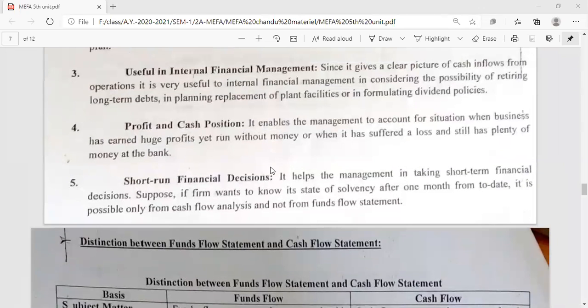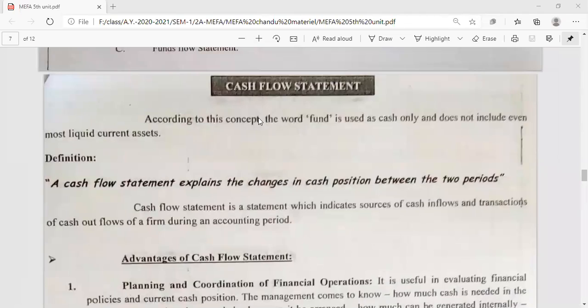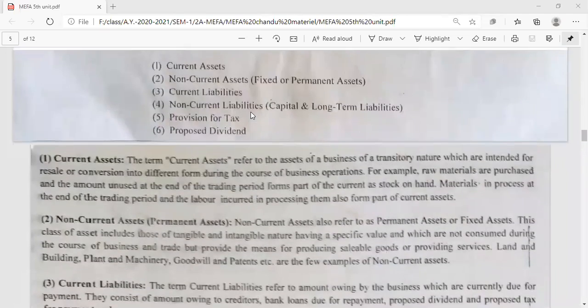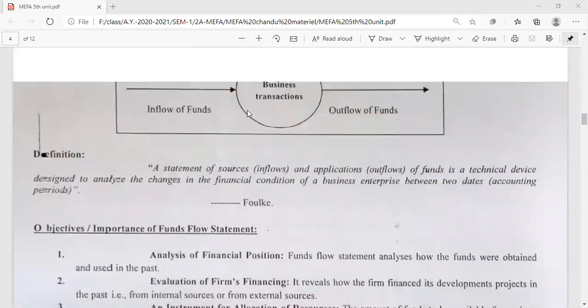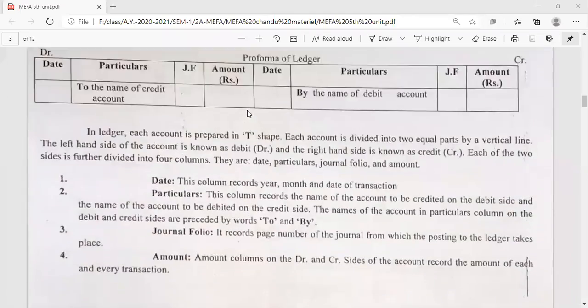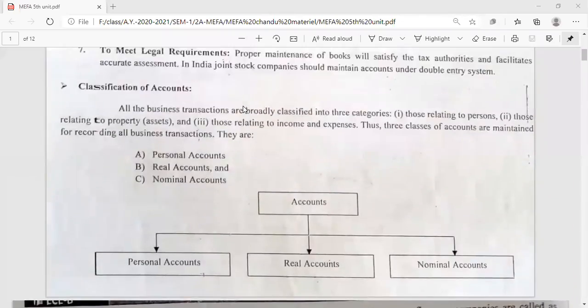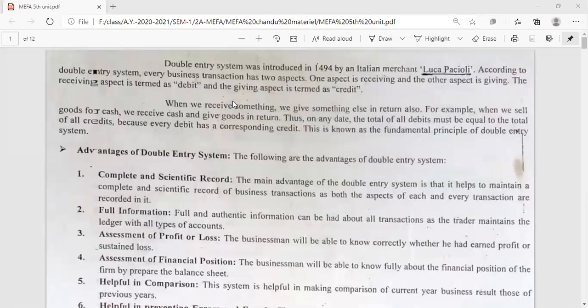We have finished the cash flow statement, ledgering, journaling, the funds flow, and the double entry system. Everything we have seen. We'll start the ratio analysis later.